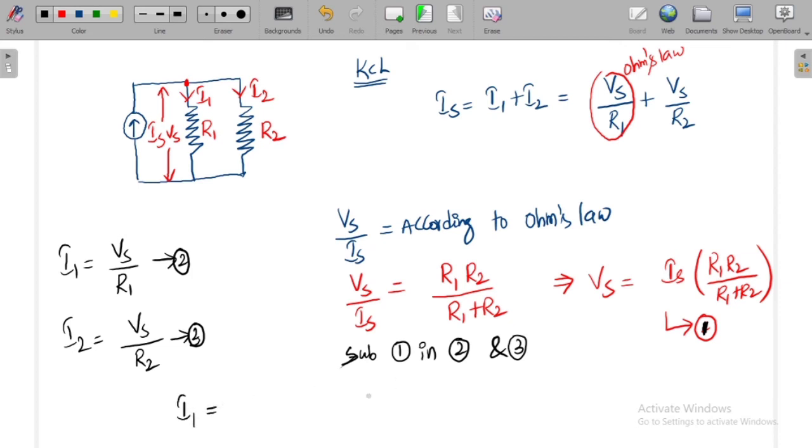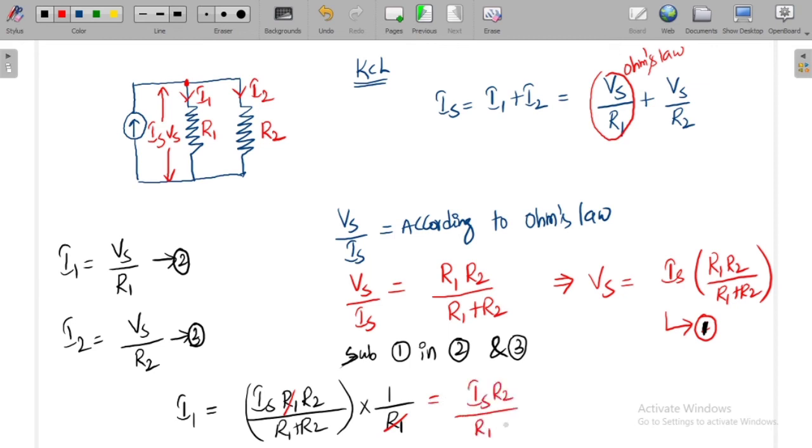If I substitute the first in the second, you will get I1 is equal to, what is Vs? It is Is times R1 R2 by R1 plus R2. This entire thing is Vs, divided by R1, written as into 1 by R1. Now R1 cancels, so you will get Is times R2 divided by R1 plus R2.